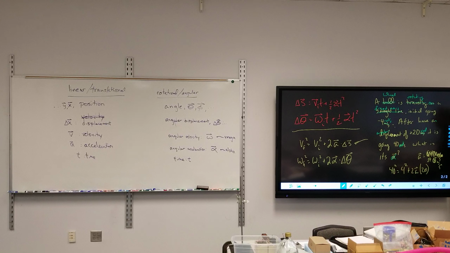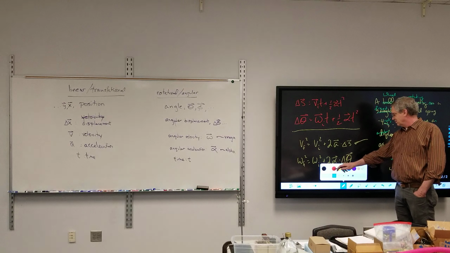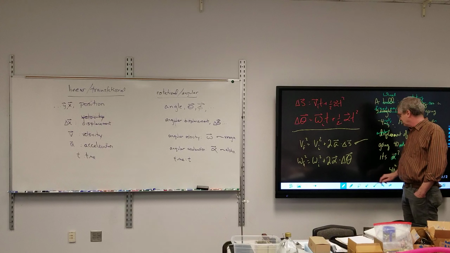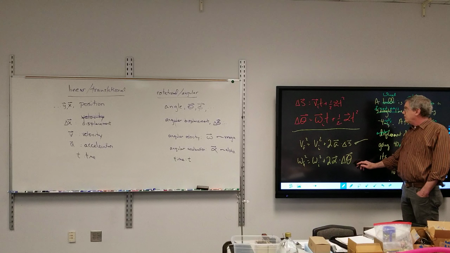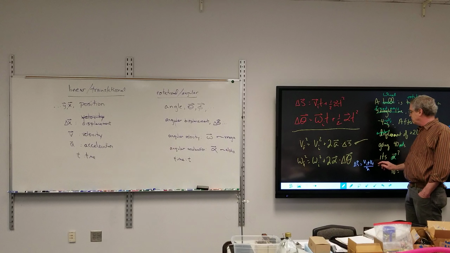Okay, so we've gotten this far. We've got the 2 other formulas, which you can just plug in the proper omega, alpha, or theta. Yes? I've forgotten the 2 other formulas. We have delta S equals VI plus VF over 2 times time.